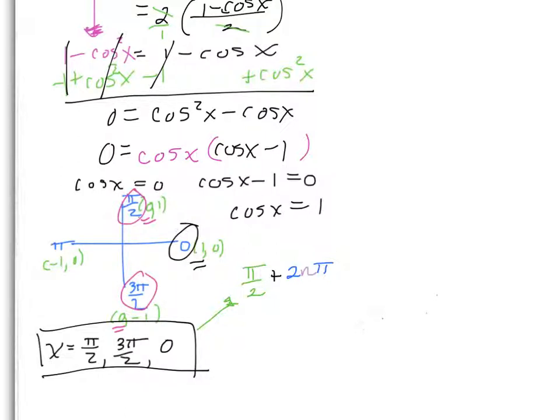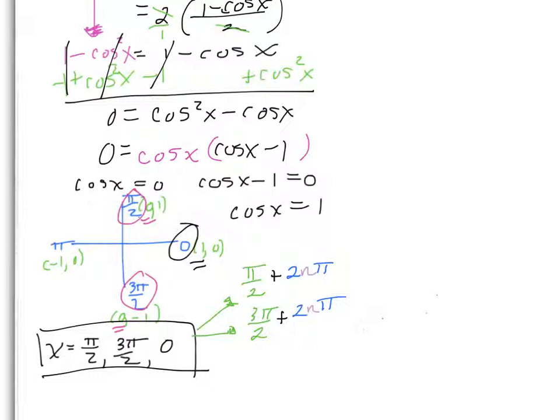And then our next answer choice is 3 pi over 2. And so to that, I would want to add another 2n pi.